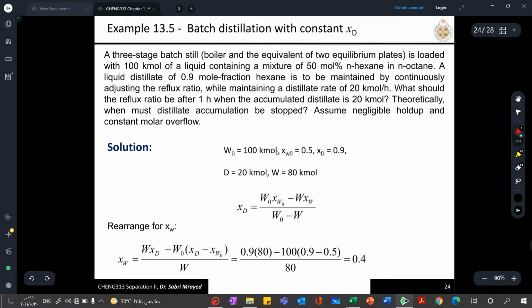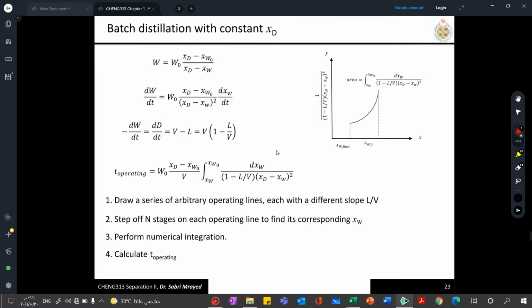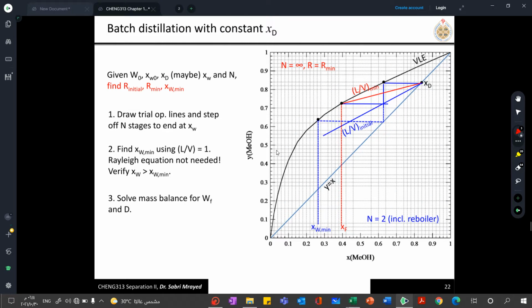Like what's written here for R initial, which is R minimum, this is L over V initial. How to get R initial?